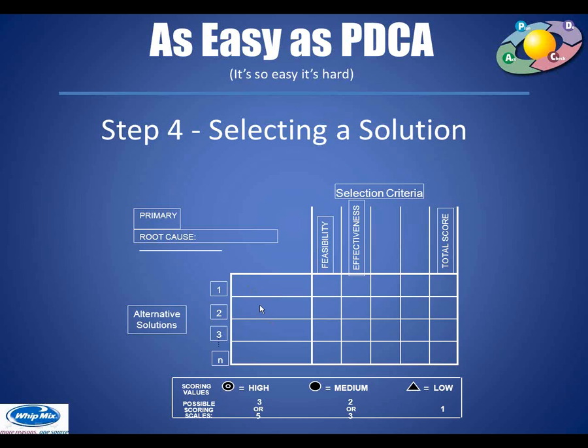Because let me throw out an example. When we do this team training at Whitmix, we use a case study, and that case study is about a restaurant. In their case, their biggest problem was they were getting customer complaints, and when they collected their data and after they did their fishbone, they identified that the biggest problem was Friday at lunchtime.